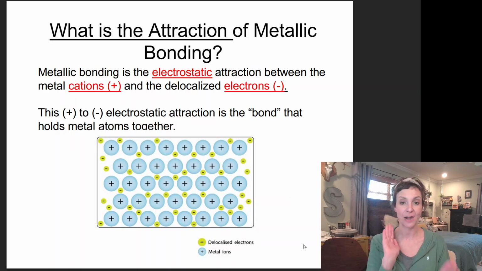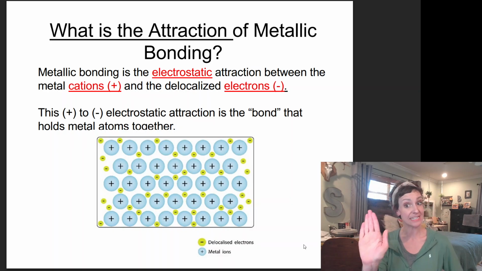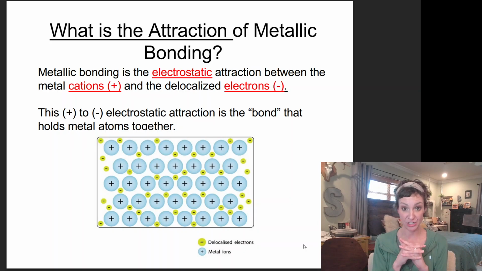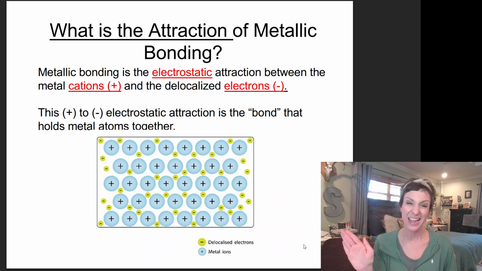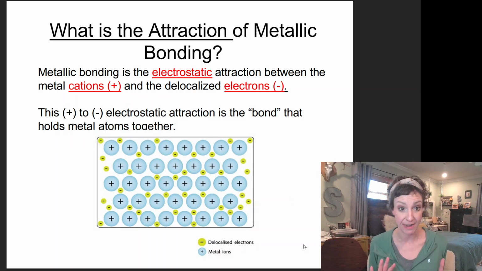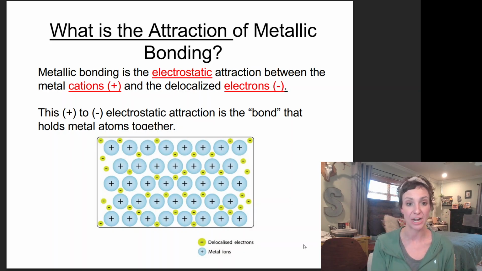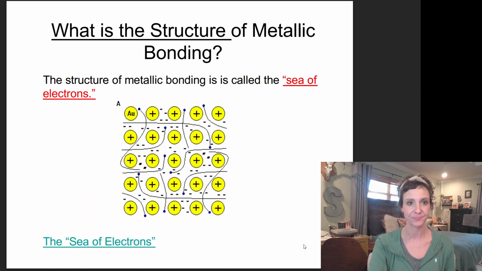I had us write those two pieces in red because it really highlights that electrostatic means positive and negative attraction. I've also made you guys write what the positive piece of attraction is. It is a cation. And what the negative piece of attraction is. That's the electrons that have been delocalized into the sea around it. So this positive to negative electrostatic attraction is the bond that holds metal atoms together.